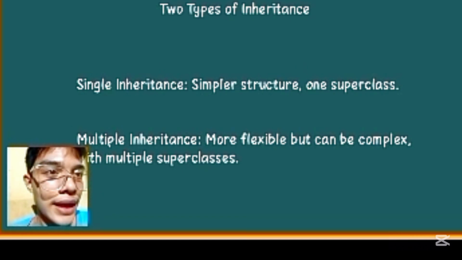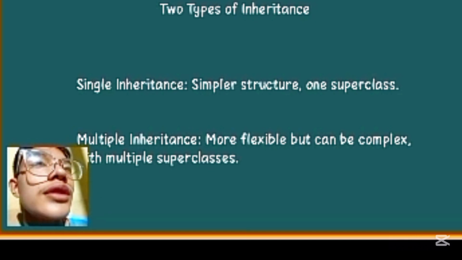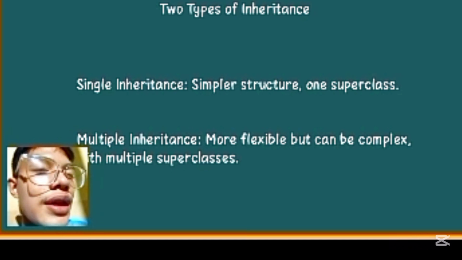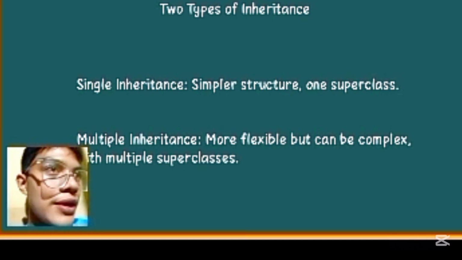And there are two types of inheritance. The first one is single inheritance, and the second one is multiple inheritance. The code that I will explain later is only a single inheritance, since for beginners this is a simpler structure with one superclass.